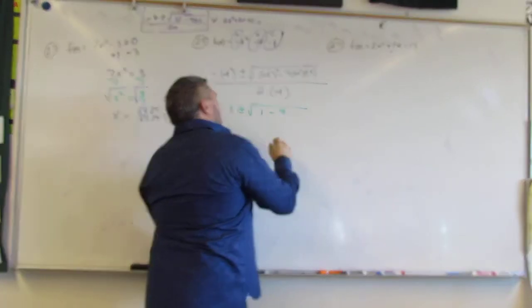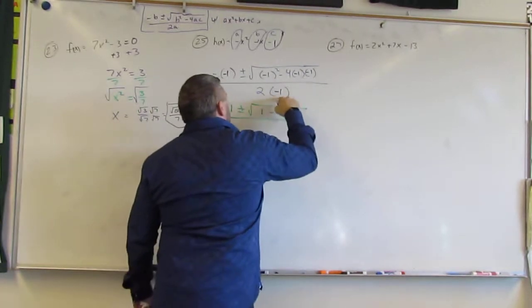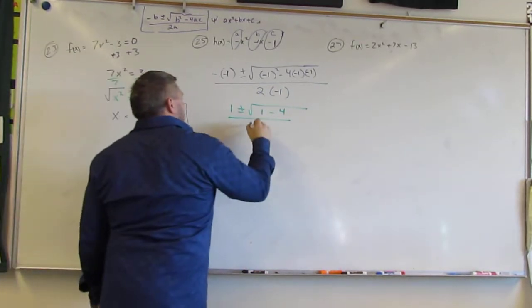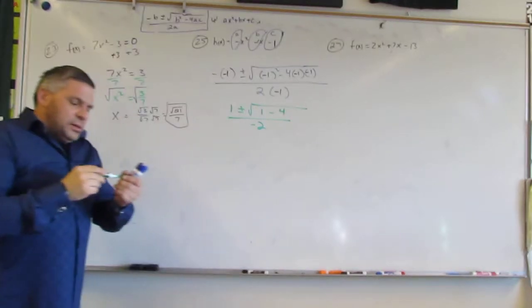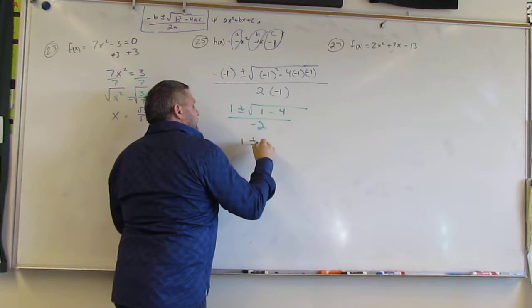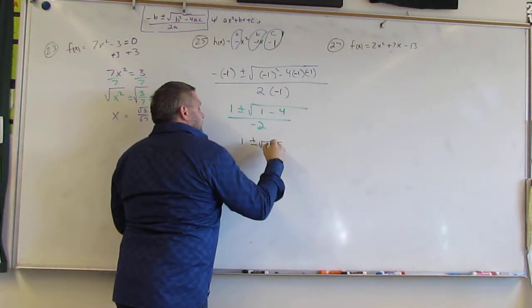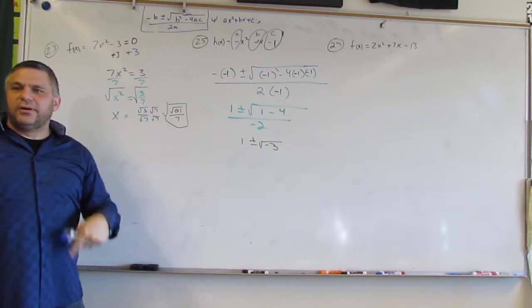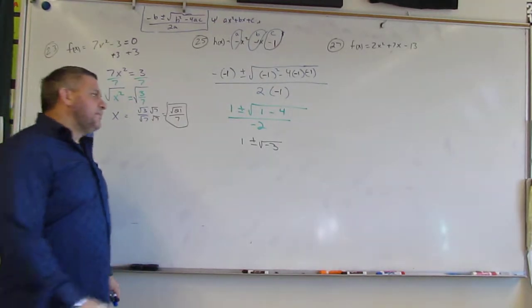Good. What's 2 times negative 1? -2. Good. All right. What's 1 minus 4? -3.